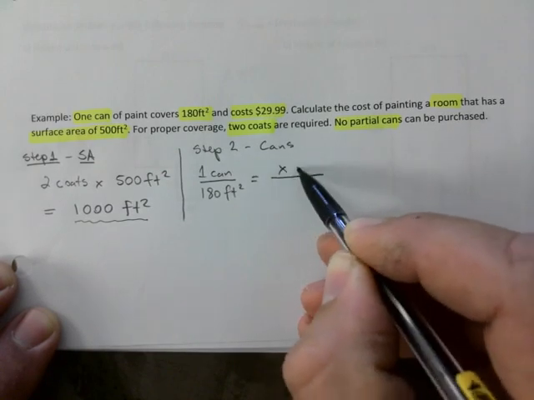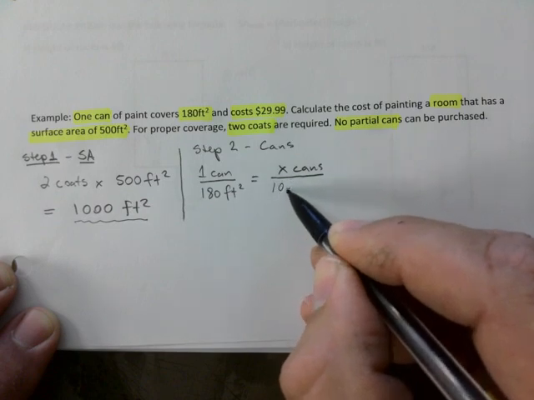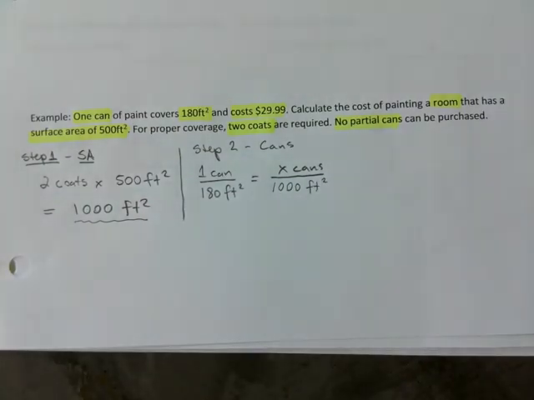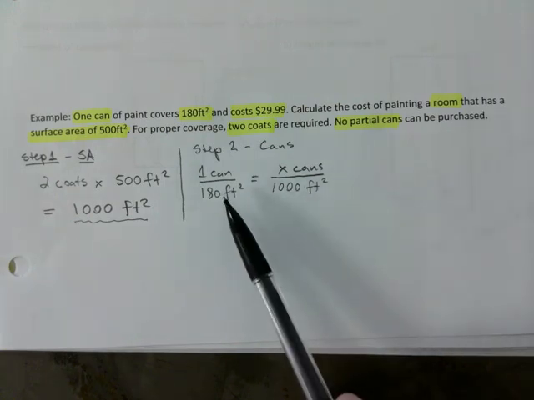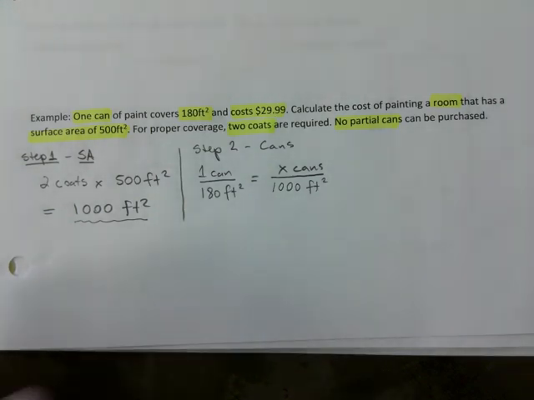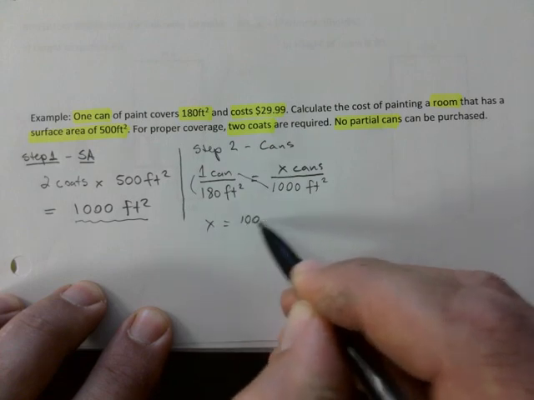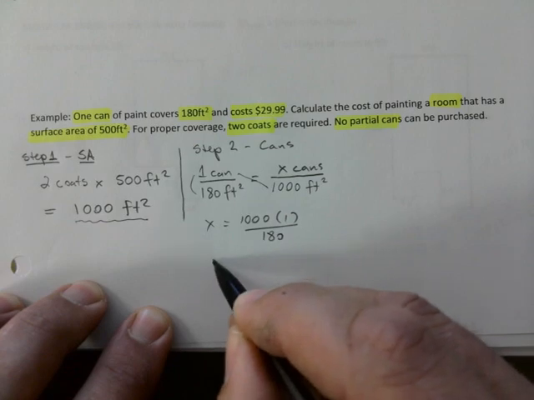Therefore, I need X number of cans to cover 1,000 square feet. Some of you instinctively were just going to go 1,000 divided by 180, and then I know how many cans I need. That's fine with me. But here you cross multiply and divide. So it's 1,000 times 1 divided by 180.